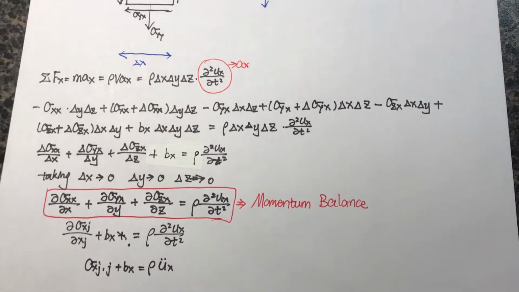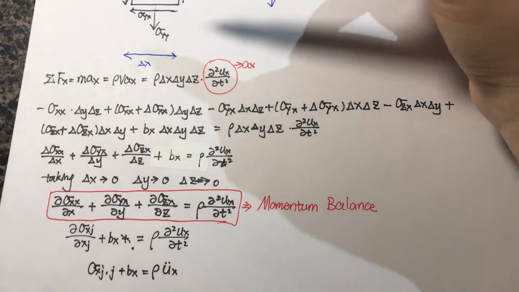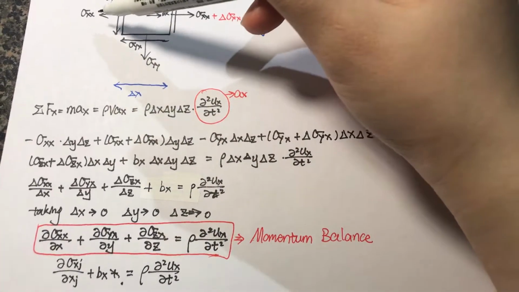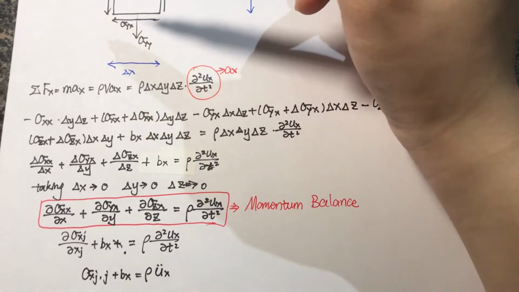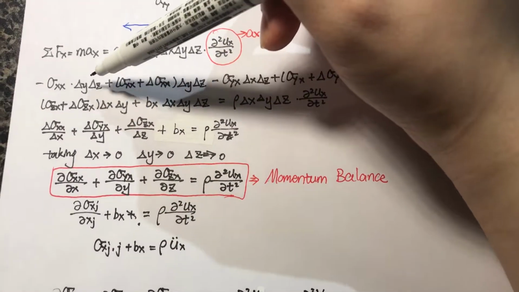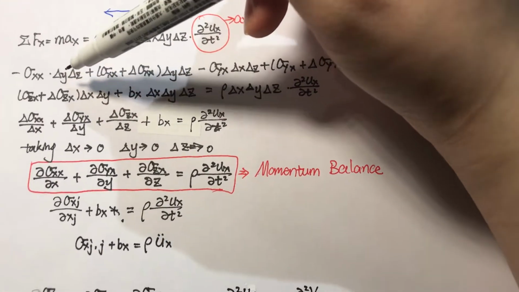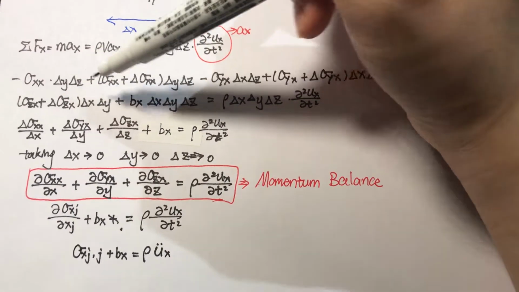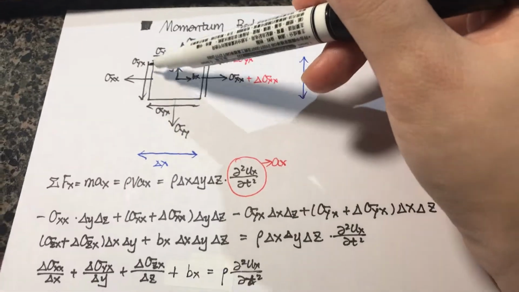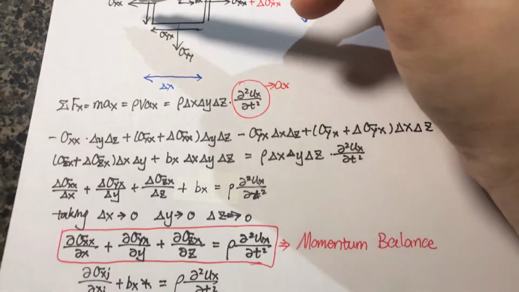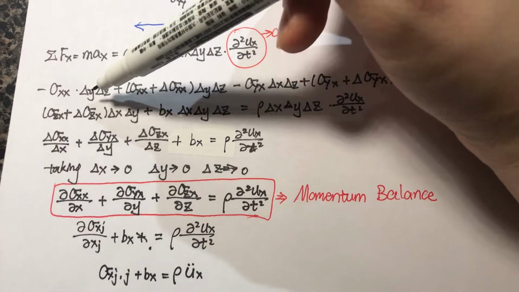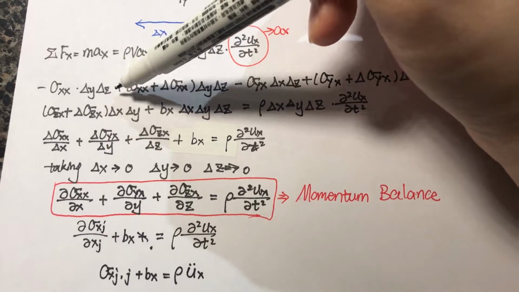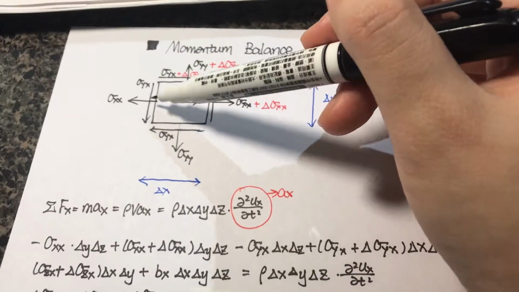Okay, so now we write the sigma xx times delta y times delta z. Delta y times delta z is actually the area of this face, so sigma xx times delta y delta z is actually the force along this side.